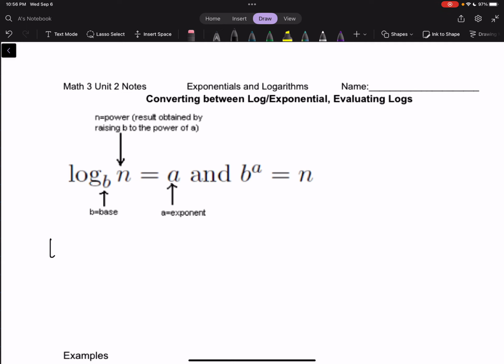This is log to a base of an answer equals your exponent. That is the left portion here.